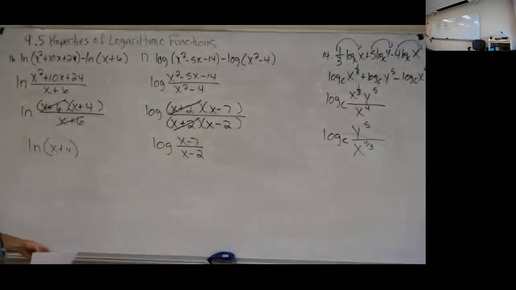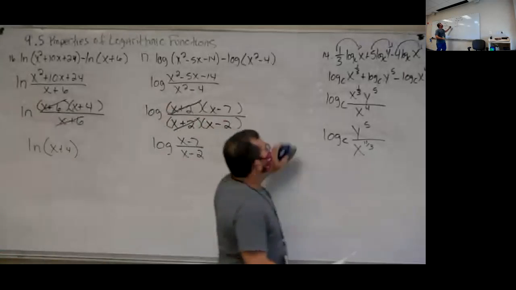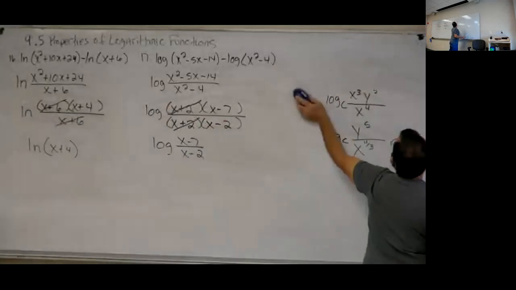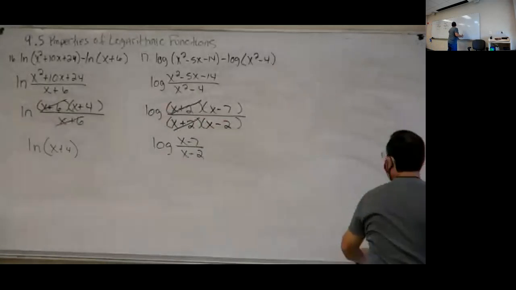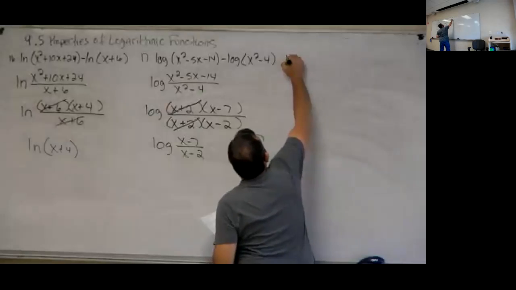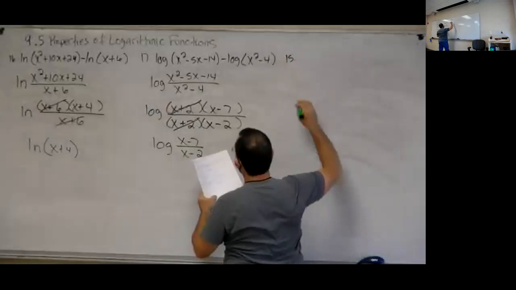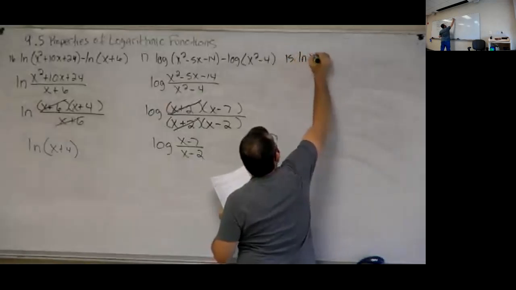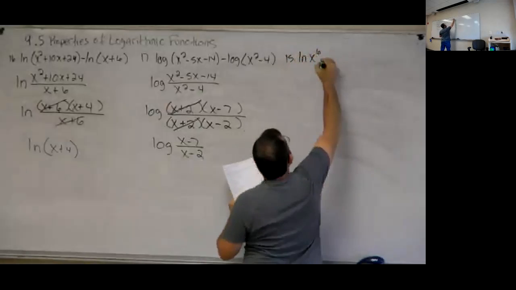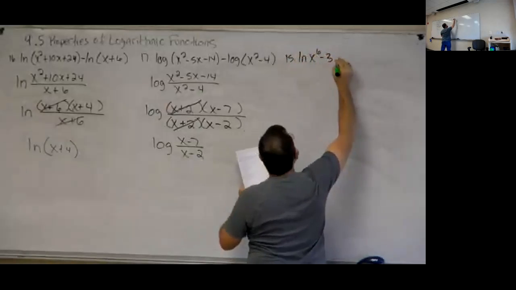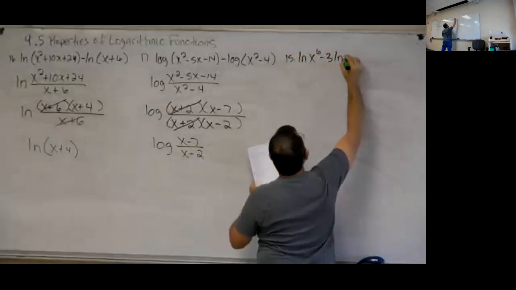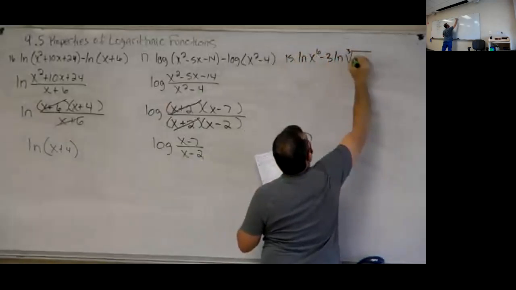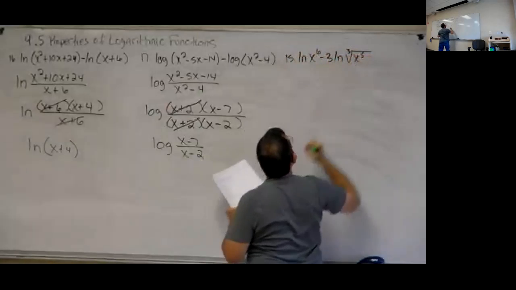All right, so I'll do the one I missed. I'll do 15. ln of x to the 6th minus 3 ln cube root x to the 5th.